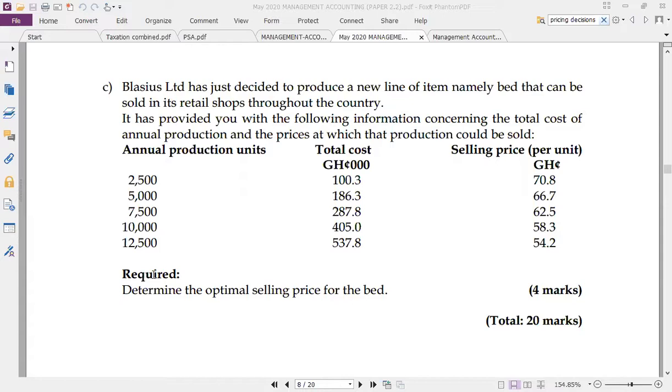70.8, 66.7, 62.5, 58.3, 54.2. That is all. So this is the information they've made available. It's a bit straightforward. That's one thing the examiners are very good at.